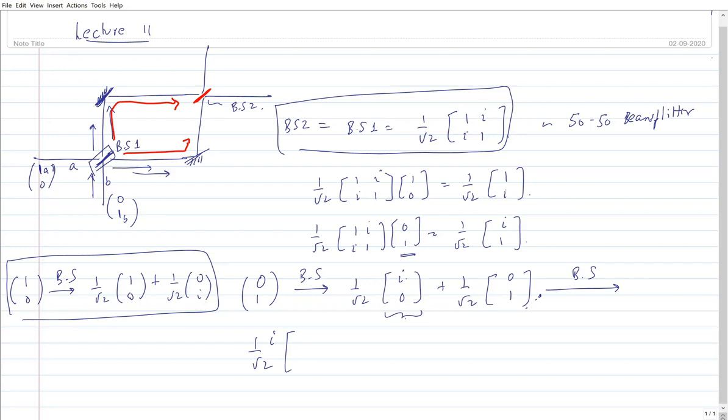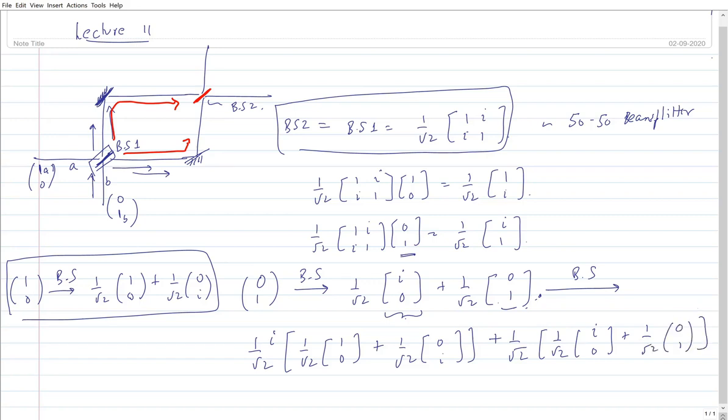So iota 0 will again go to, just plugging in the action of the beam splitter, and 0 1 goes to this guy.